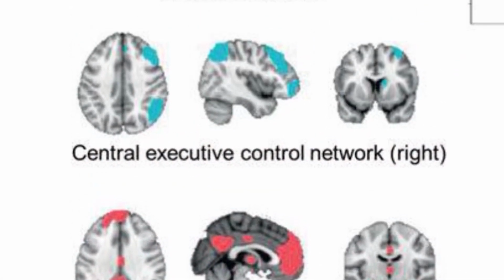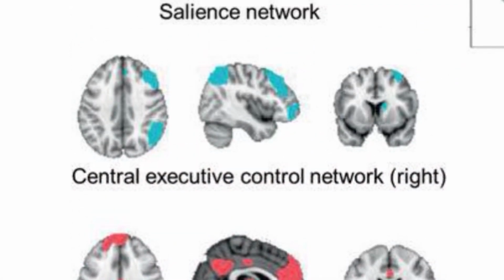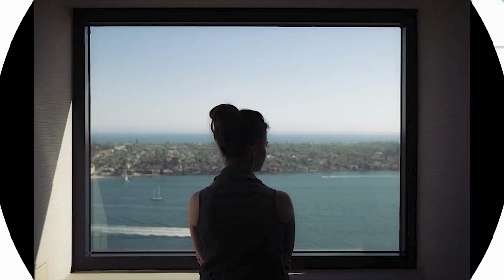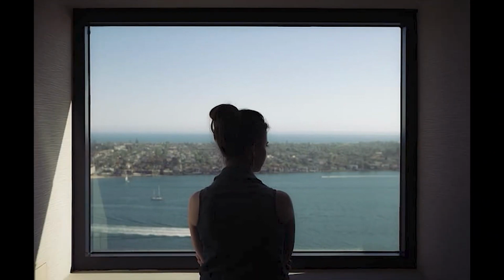The executive control network is anchored in the dorsolateral prefrontal cortex, which is above the medial prefrontal cortex, and is commonly defined as being externally directed. It is activated when we are aware of and paying attention to the environment around us.